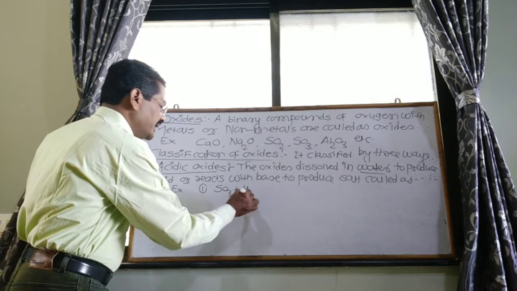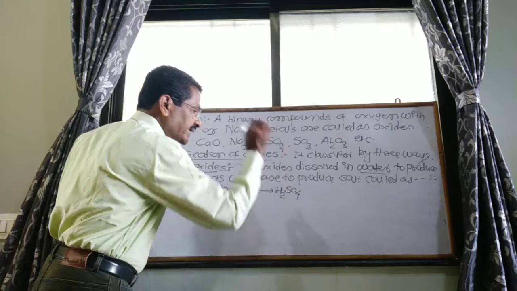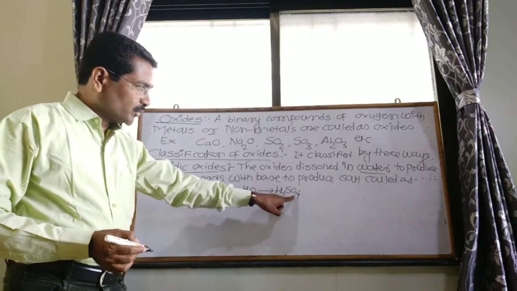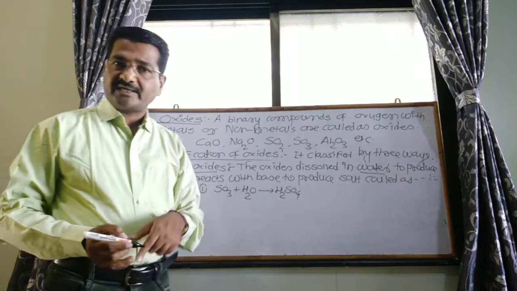For example, the first example of acidic oxide is SO3, sulfur trioxide. Suppose it is dissolved in water, then it gives H2SO4, sulfuric acid. SO3 dissolved in water to produce sulfuric acid means SO3 is an acidic oxide.